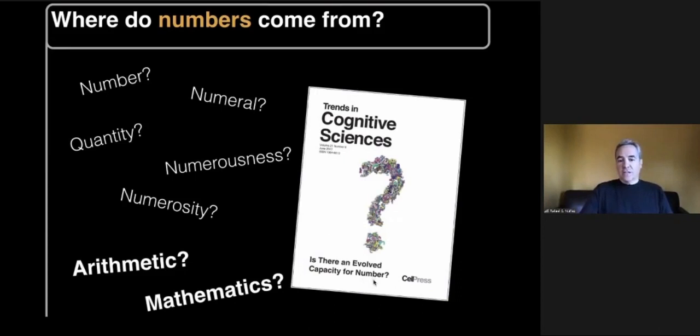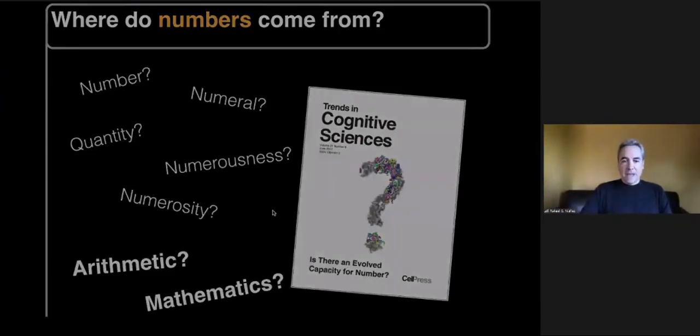Is there, for example, an evolved capacity for number? In this case, considering a naturalistic approach, but then zooming in to see how much weight is purely biological, or how you place, for example, cultural practices sustained by biological mechanisms and phenomena, and where do we place that dynamics?